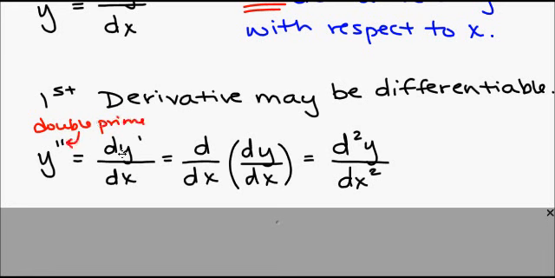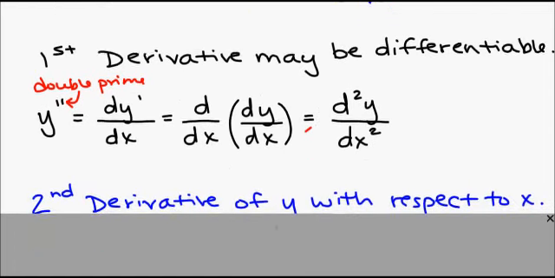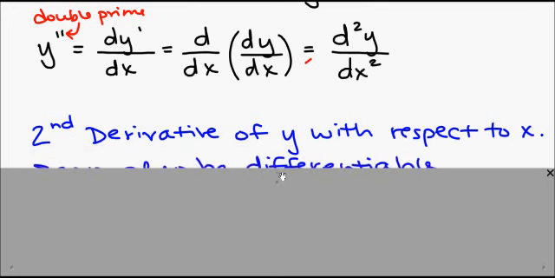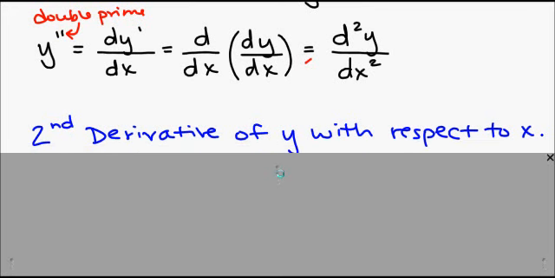Okay, so dy prime dx, d dx, dy dx, d squared y dx squared. This is all the same thing, and it is the second derivative of y with respect to x. Okay, so the second derivative of y has 2 apostrophes instead of 1. You can just count them.